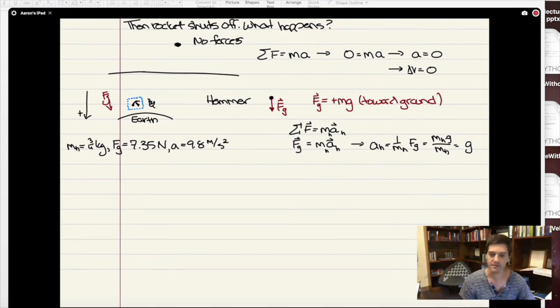I could do now the same thing with the feather. Let me skip right to the free body diagram. Again, there's only one force acting on the feather. That is the force due to gravity. In this case, it's m feather g. I guess up here I should have written m hammer g.